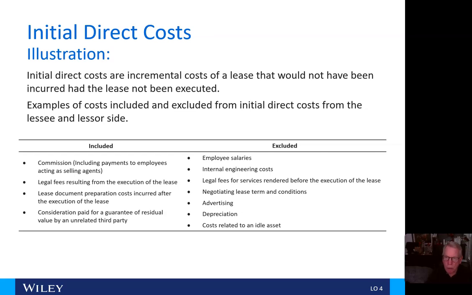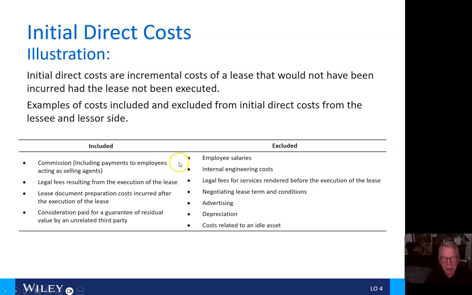So here are examples of costs included and excluded from initial direct costs for the lessee and lessor. What would be included are: 1, commissions, including payments to employees acting as sales agents; 2, legal fees resulting from the execution of the lease; 3, lease document preparation costs incurred after the execution of the lease; and 4, consideration paid for a guarantee of residual value from an unrelated third party.